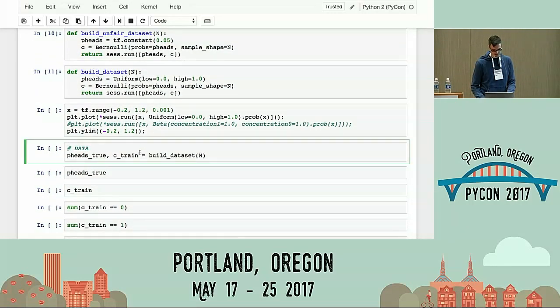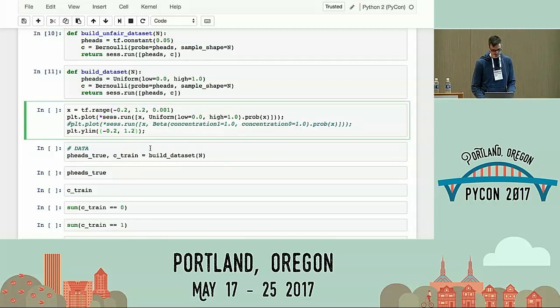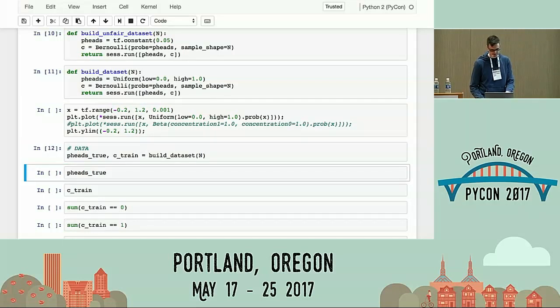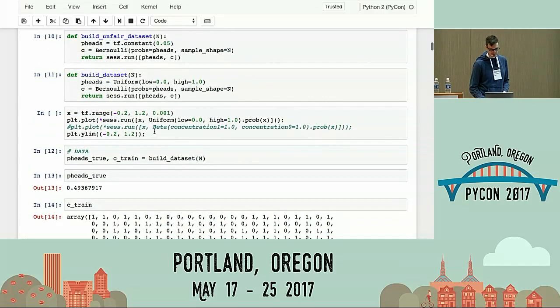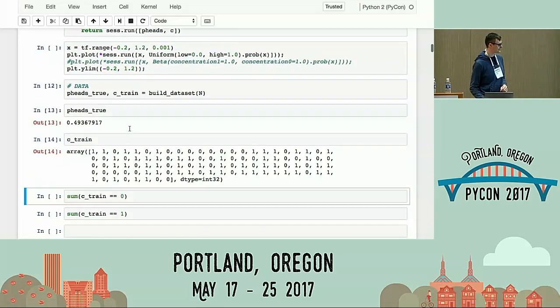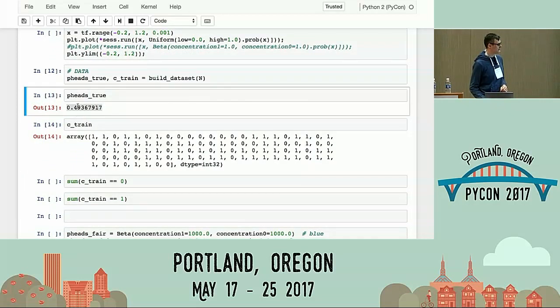Now let's skip this one here, but let's execute this one here. And what will happen now is Edward will run these instructions, and it will generate a fairness, which is 0.49, and it will create this data set here.